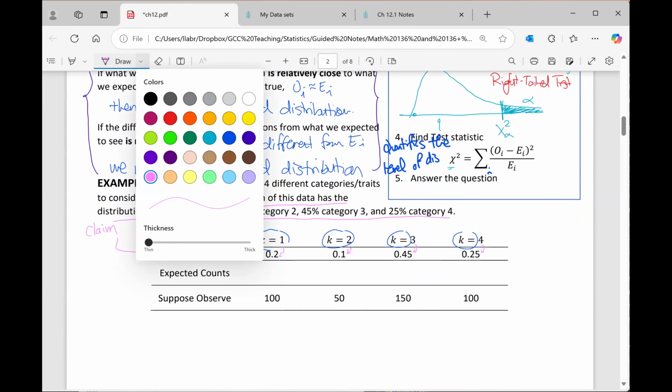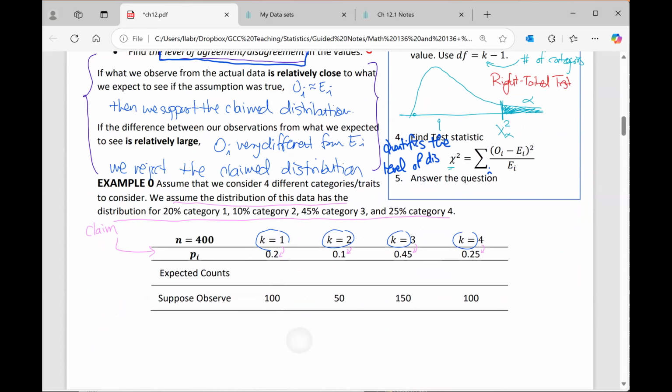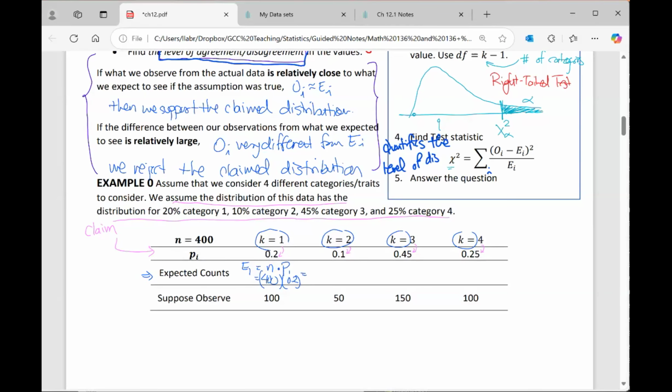Let's go ahead and compute the expected counts. So always go ahead and do this. So this is what we expect. Remember that the expected count, this would be E1, is equal to the sample size times the proportion of success in that category. So in this case, this will be 400 times 0.2. Throw that into a calculator, we get 80.